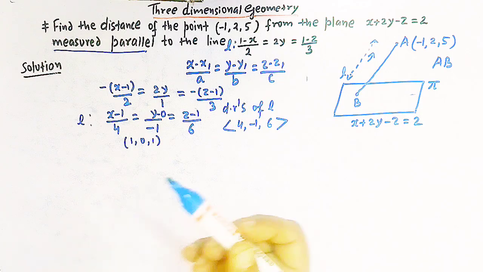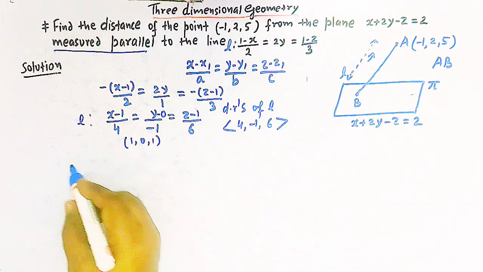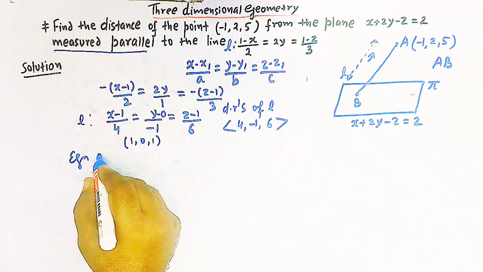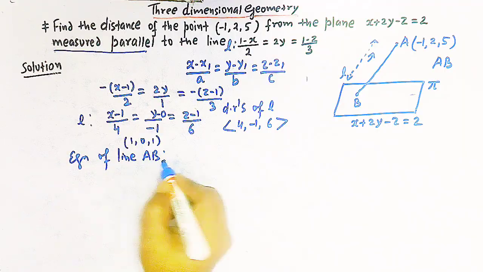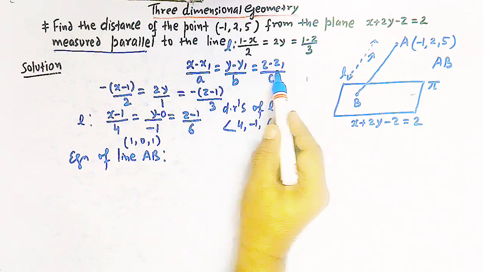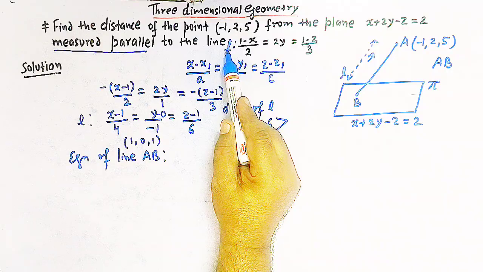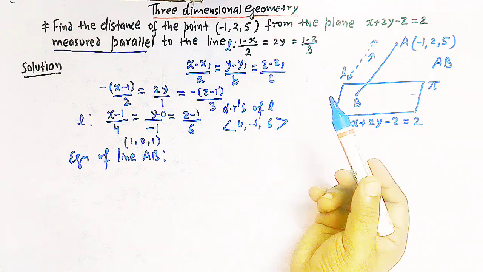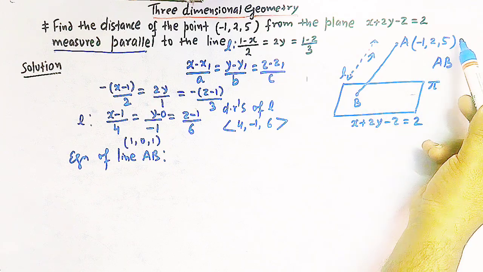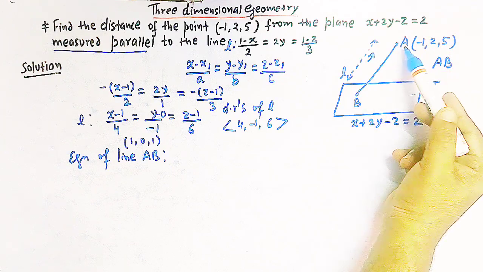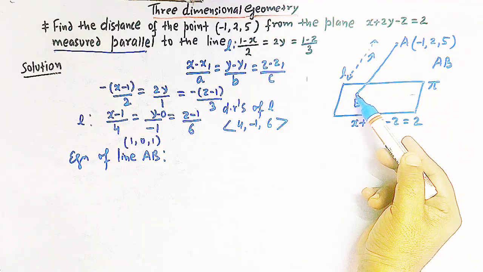Now the second step is to get the equation of the line AB in the symmetric form, right? The purpose of finding the direction ratios of the line L is to get the equation of the line AB, because we already know the coordinates of the point A lying on this line AB.